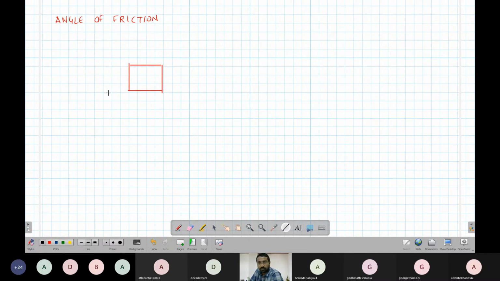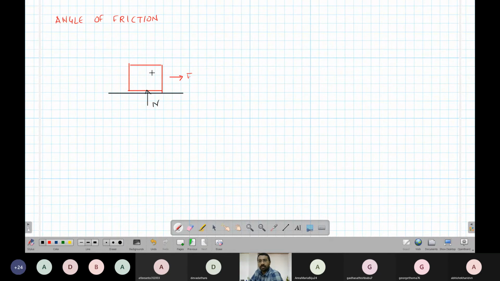We have the surface here. We are pulling it. Then we have the normal force from the surface on the box.